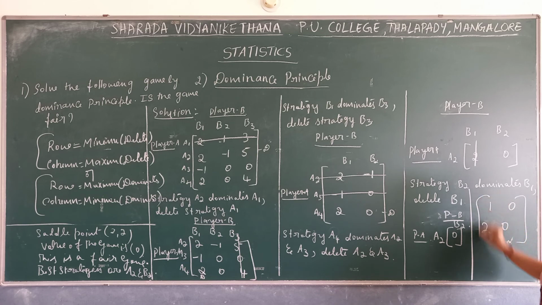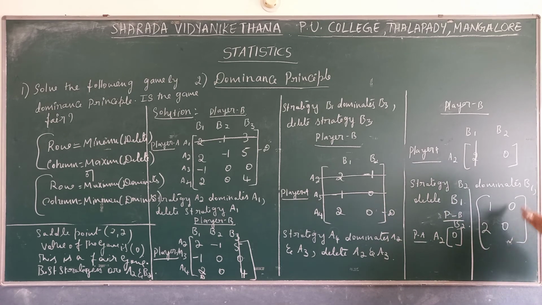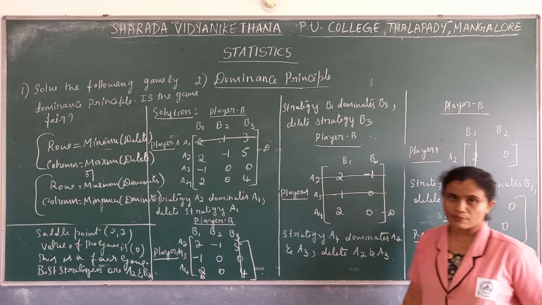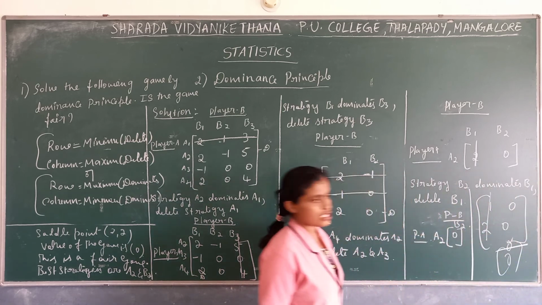Again row-wise is over, once again you will get the column-wise. When you go column-wise, which dominates? The smallest one dominates, the largest one we are striking. So what will remain at the end? 0 will remain. Once again if you go to row-wise, one row will get over, only 0 will remain.